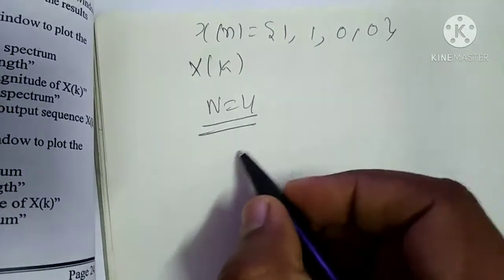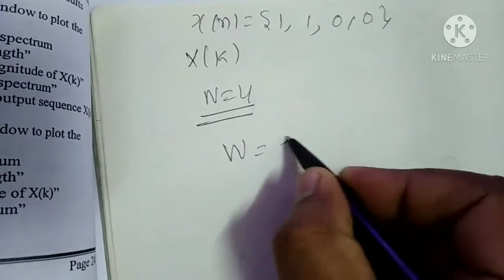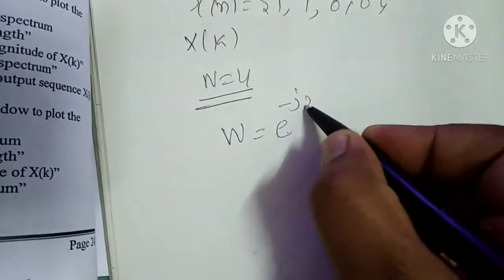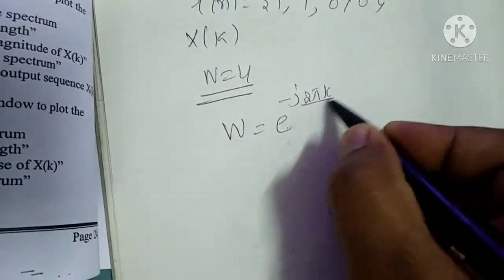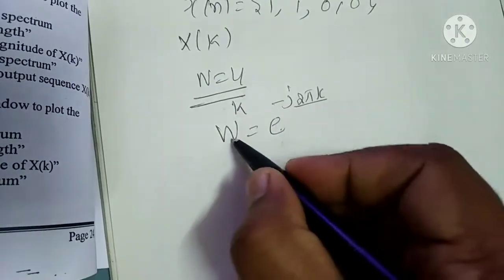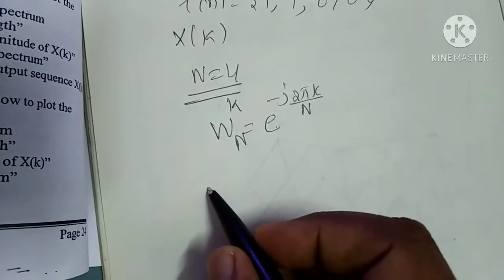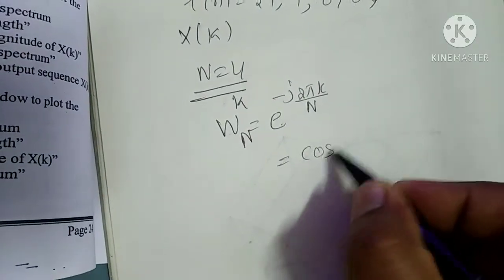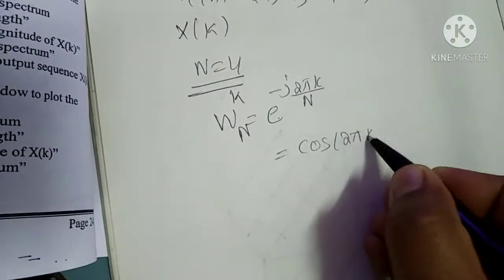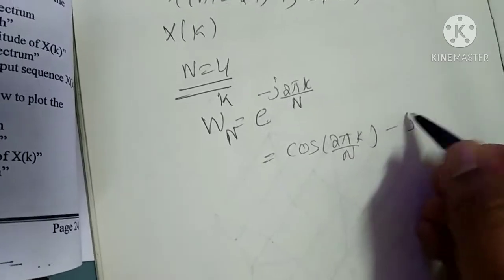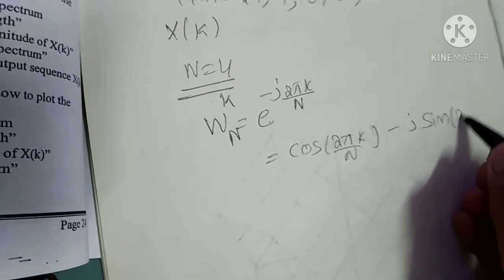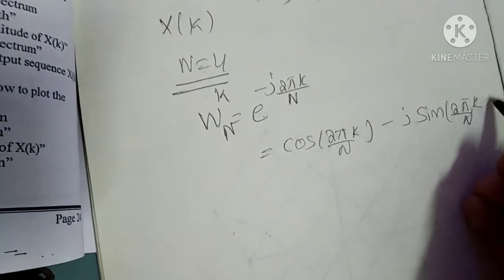The value of omega is given by e to the power of minus j 2 pi k by n. So this is given by cos 2 pi k by n minus j sin 2 pi k by n.